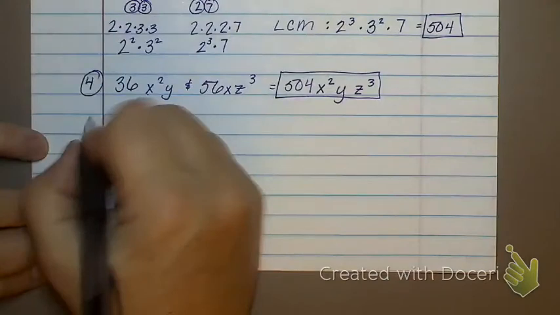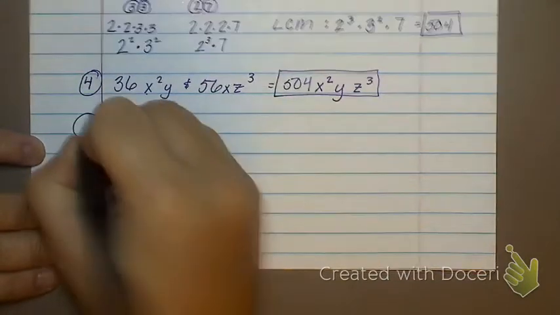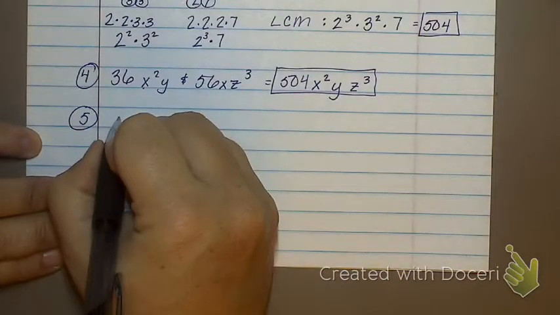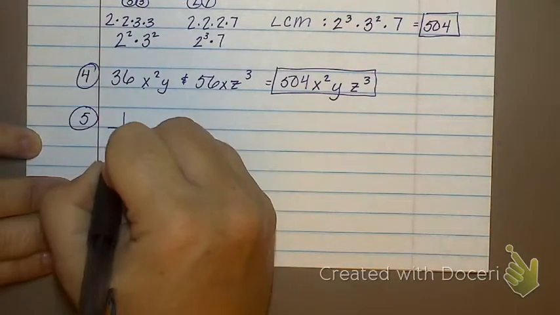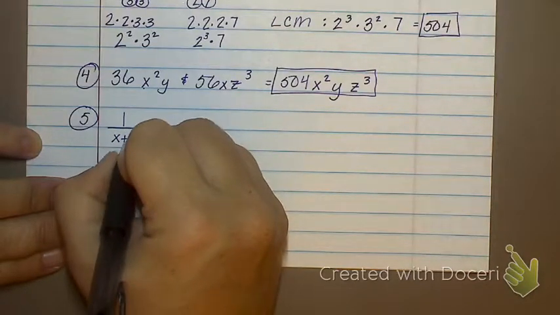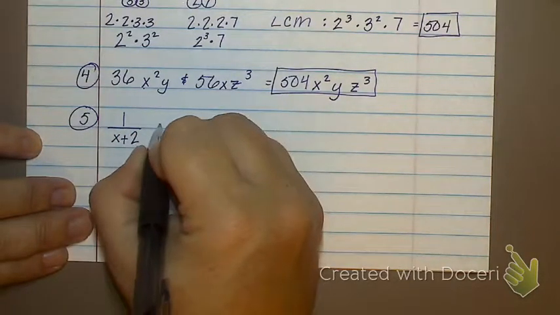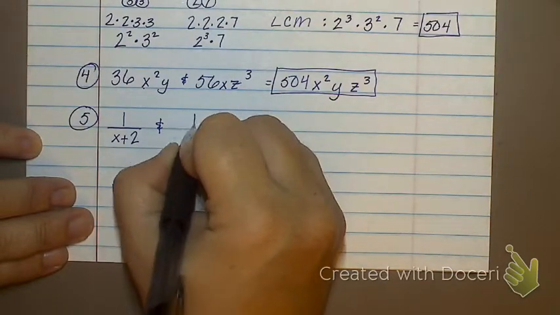All right, let's see if we can get a little trickier. Find the LCM. I'm sorry, the least common denominator. These ones are written as denominators. So there's one fraction. Here's another one.